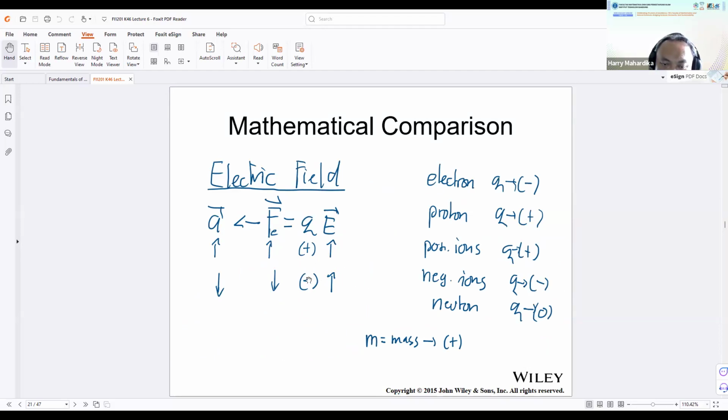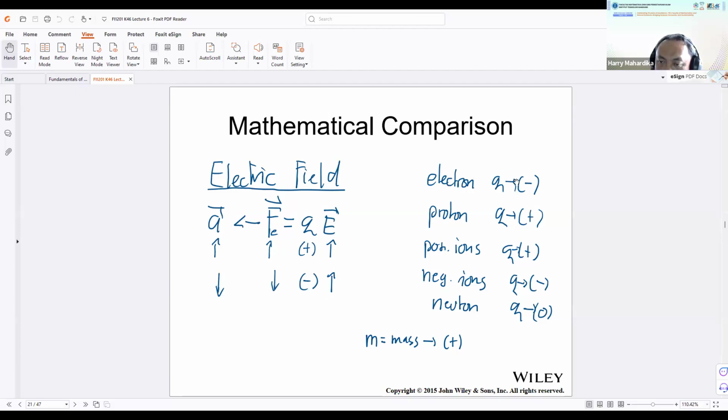If the charge is negative, like an electron, and we have an external field pointing upward, then the force becomes downward. So the acceleration produced by the fields is upward for a positive charge, and downward if the charge is negative.